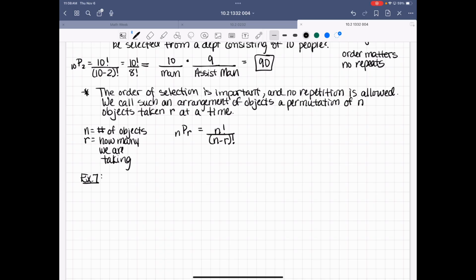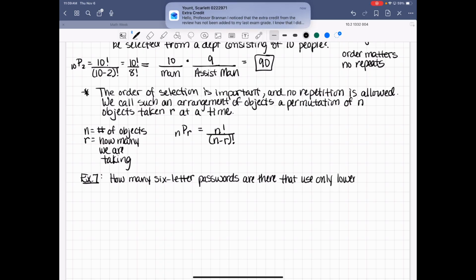Example 7 says how many 6-letter passwords are there that use only lowercase letters with no letter repeated?